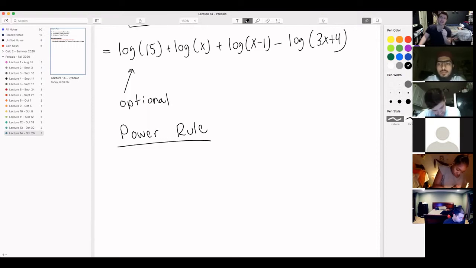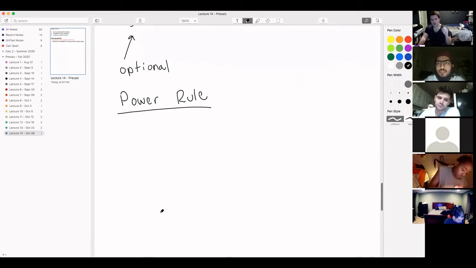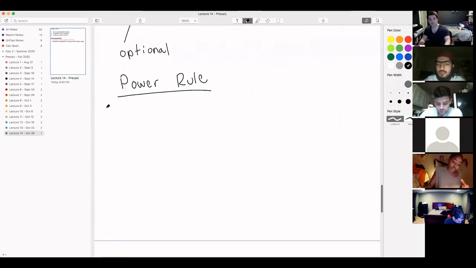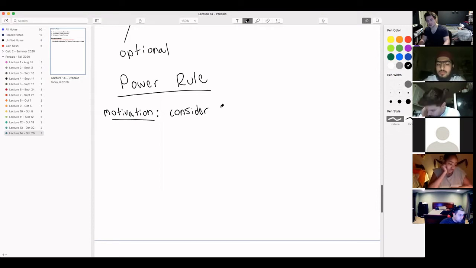Okay, so I'm not just going to state the rule this time. I'm actually going to do a little motivation. This is not the rule, just a motivational example. Consider log of x squared.